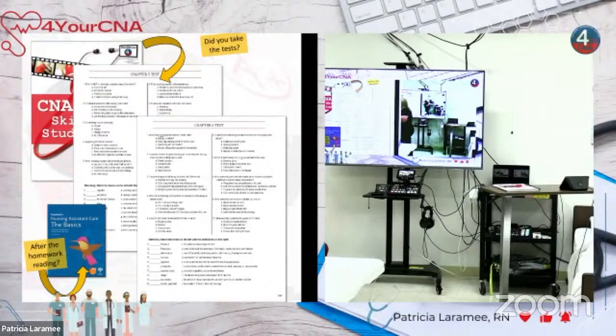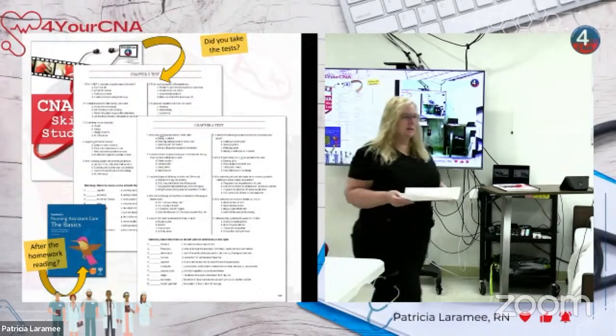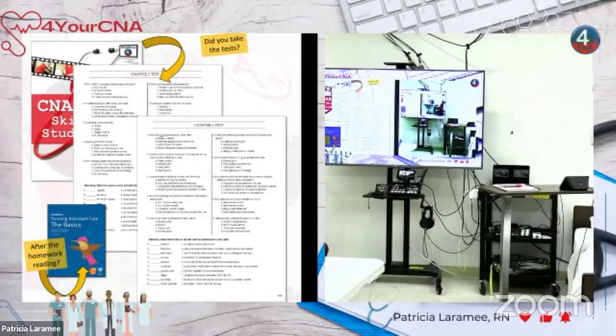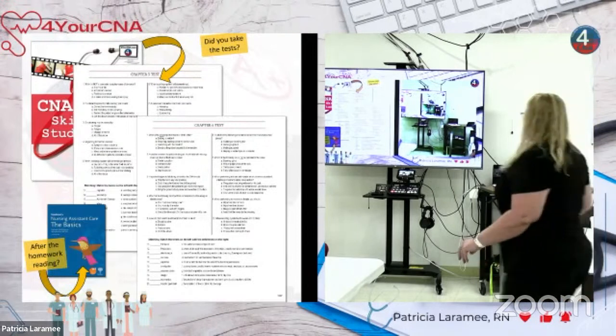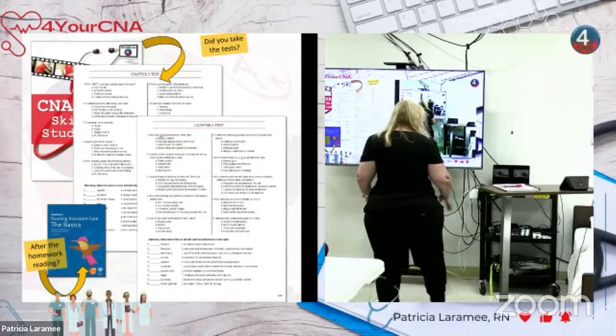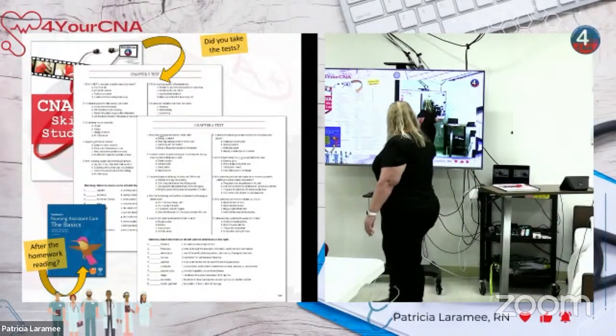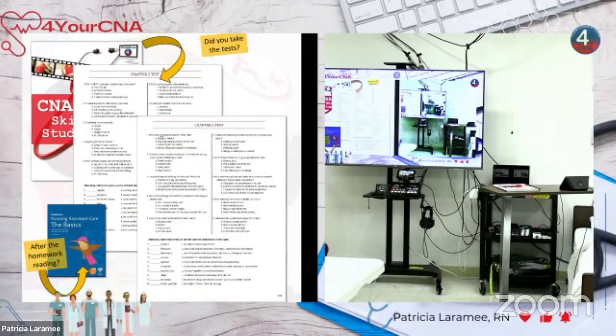I know somebody needed class 3 and 4 on the review sheet. Anybody else need review sheets? 3 and 4, class 3 and 4 on the review sheet. You needed 4.